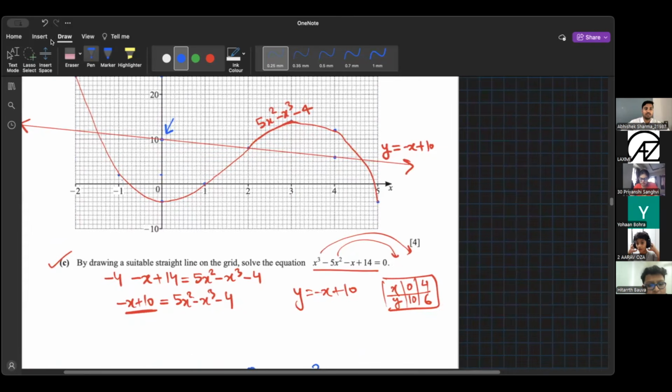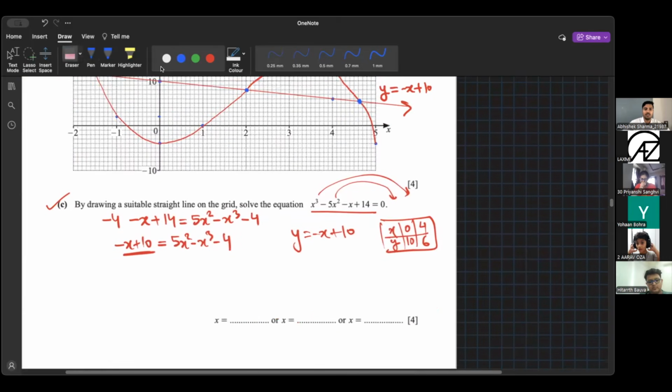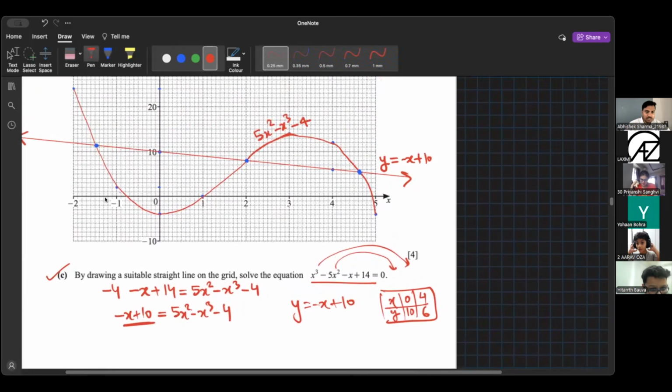Sorry, this is not the intersection. The three intersections are here. One is here, one is here, and one is here, right? So the first intersection is here.